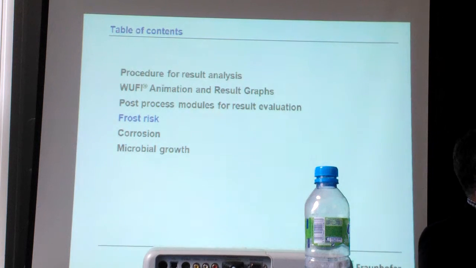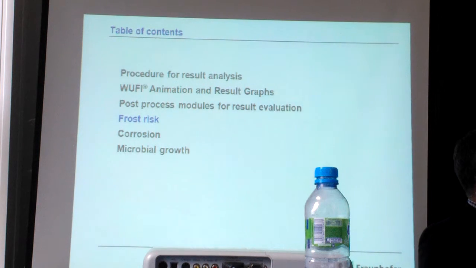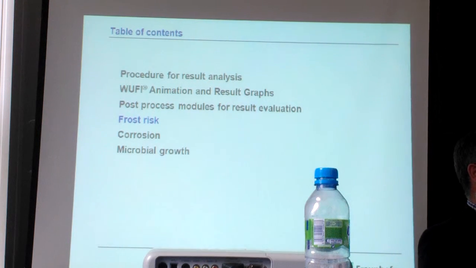Our plan is that in future we can give a list in WUFI Bio. You have maybe a gypsum board, and for the special material you use the right isopleth. And I think if that's the case, the prediction will be much better.